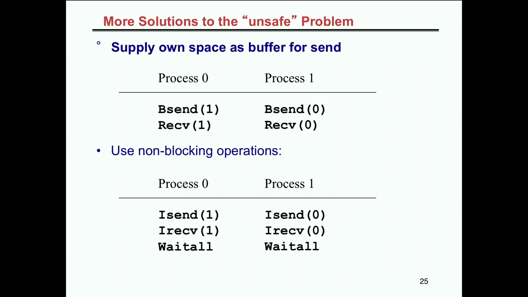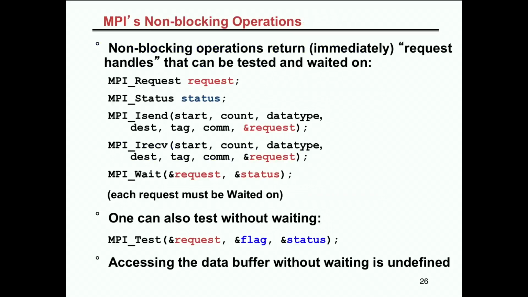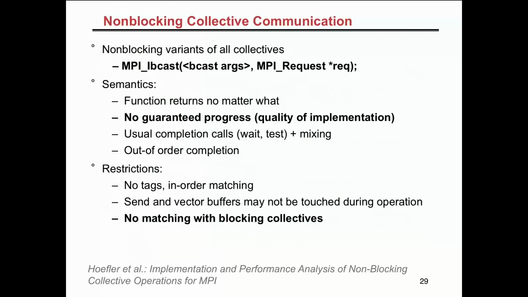Broadcast, on the other hand, needs to be called at the same time by everyone. So there's not going to be a matching. A broadcast on a different process will not match an iBroadcast in some other process. So that's a little bit of a difference. Similar restrictions, you should not be touching the buffers during the execution until you call a wait and make sure that it's finished.